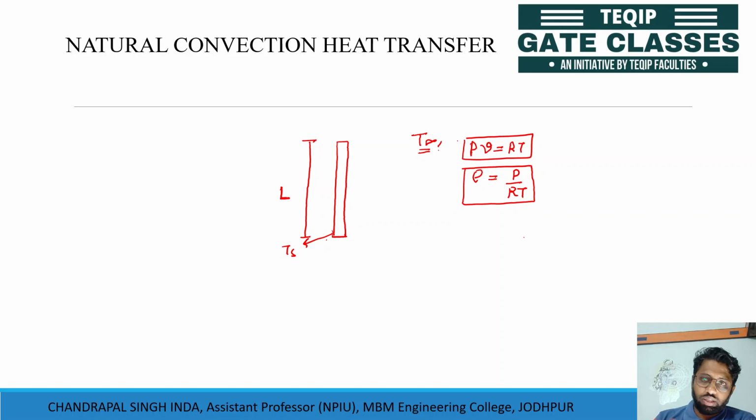So once the gas comes in contact with this surface, what happens? It gains heat, due to which the density decreases and it becomes lighter. So it starts to move in the upward direction and reaches up to this point. After this point, it is not going to move upward, as it is not going to gain heat from the surrounding.